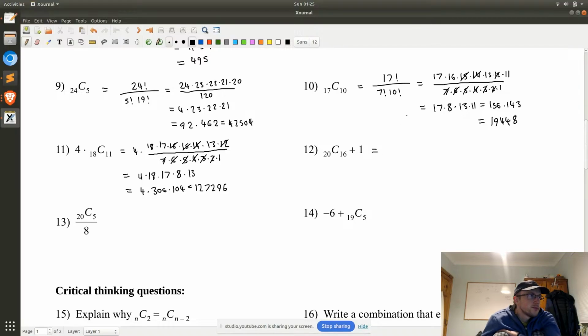And here, 20 factorial over 4 factorial. Well, that turns into 5.